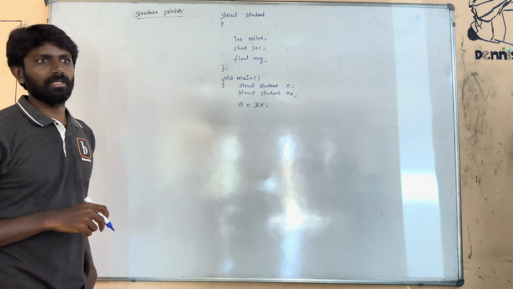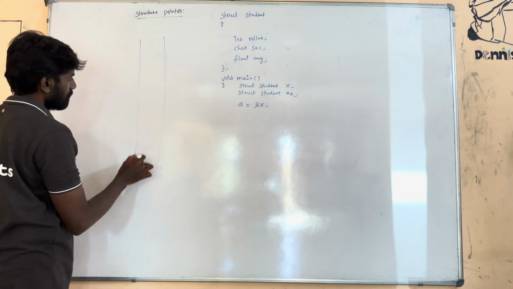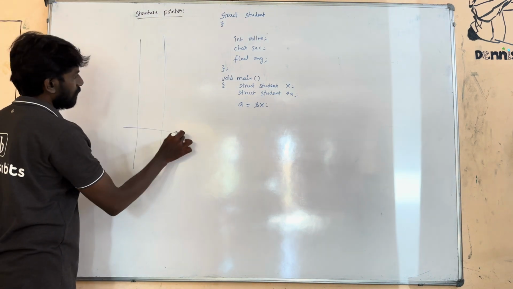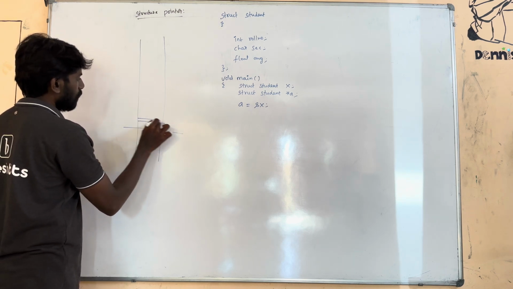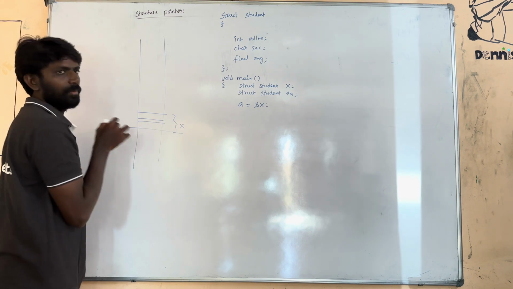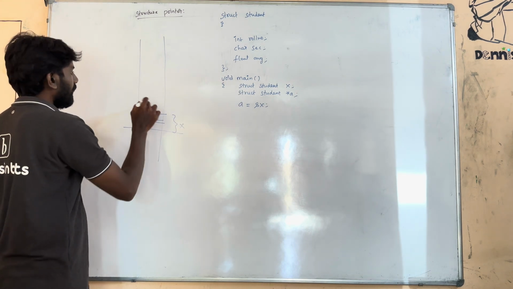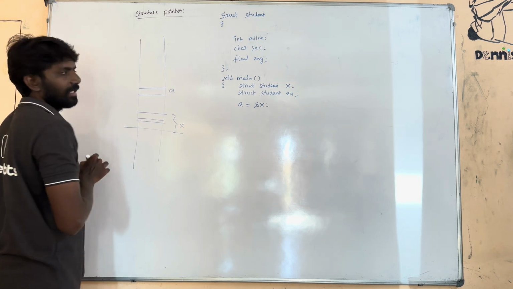Then it is possible. Let's see how the memory is allocated. For X, how much memory is allocated? 4, 1, 4. This is your X memory. And for A, 4 bytes of memory is allocated.